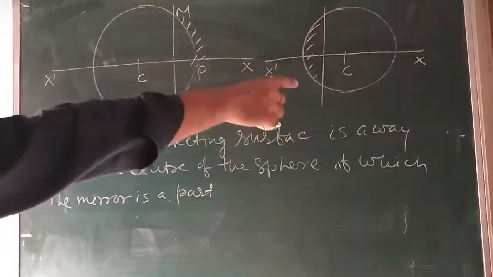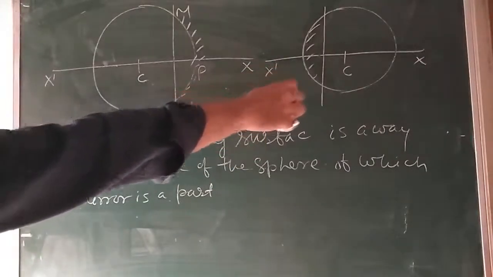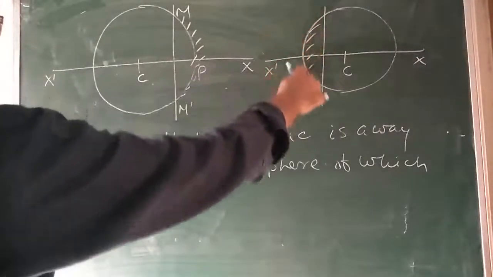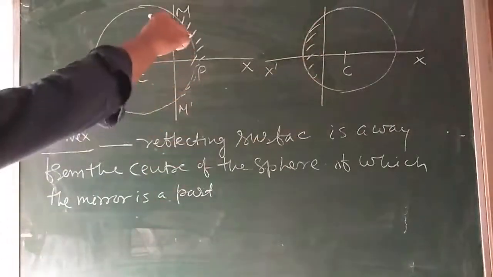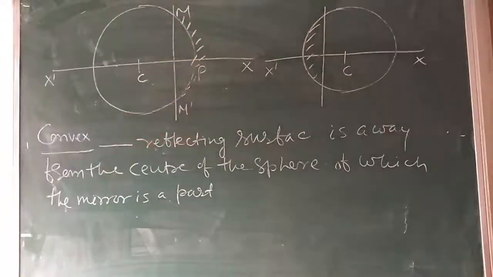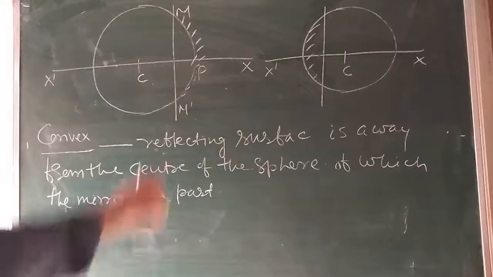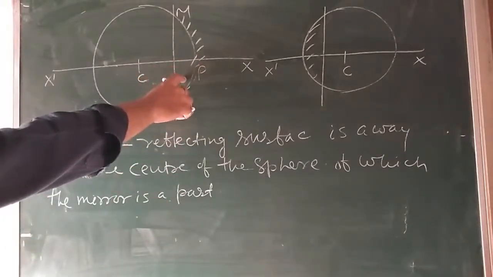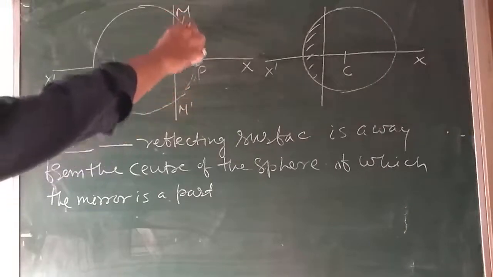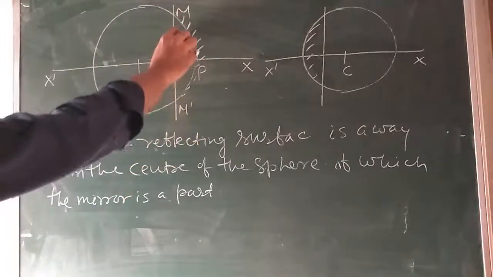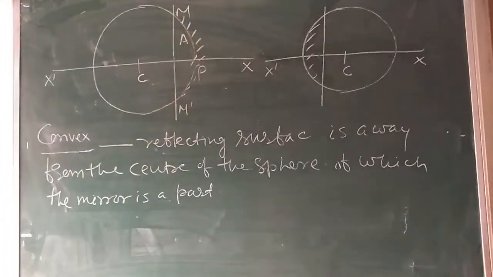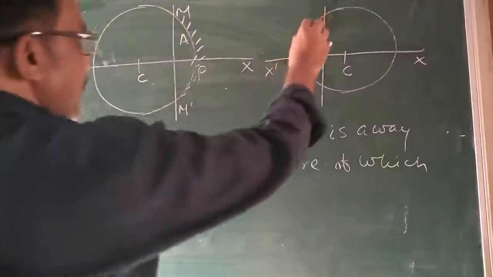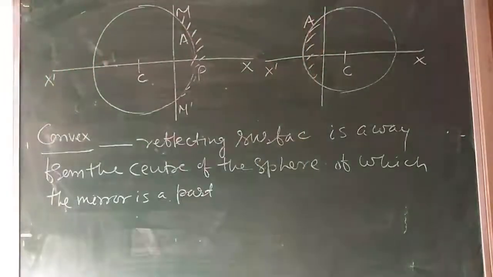Reflection of light occurs at the convex surface here. This is the convex surface. Or reflection of light here, it is a concave surface. So reflection of light occurs at the concave or bent-in surface A. Give it the name A. Here, this is the reflecting surface.